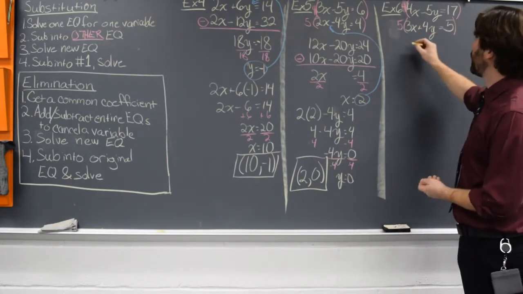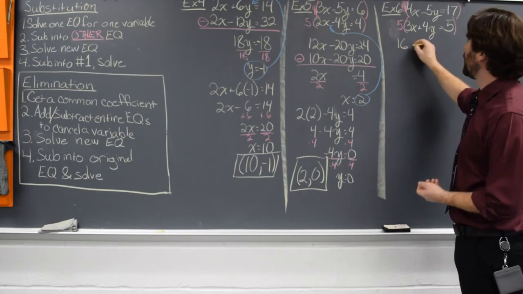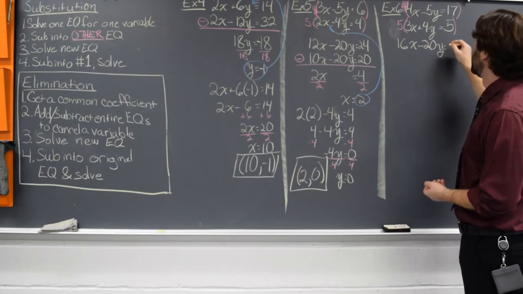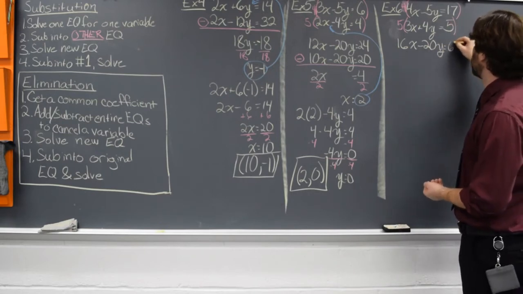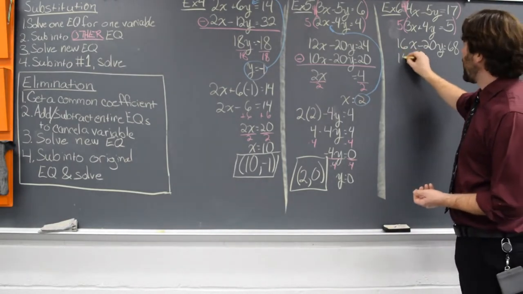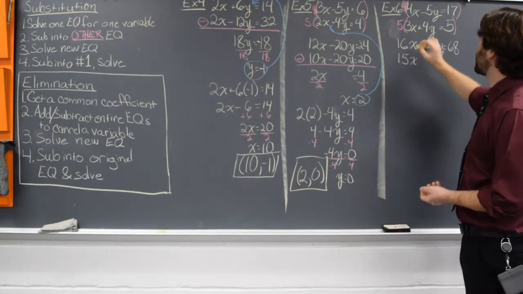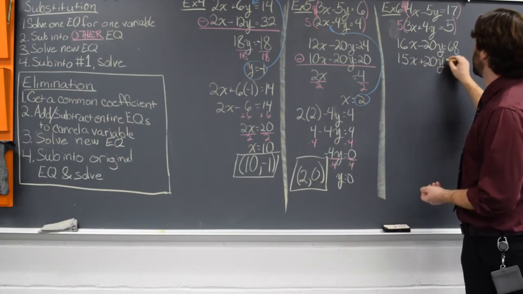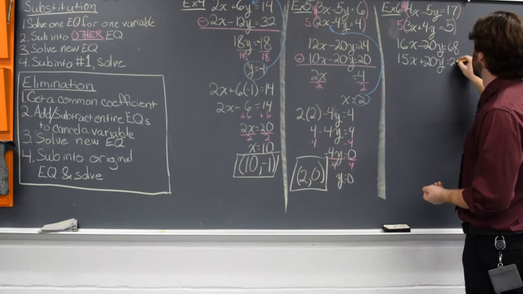So if I distribute this 4 up top, I'll have 16x minus 20y equals 68. 5 times 3x is 15x, 5 times 4y is 20y, and 5 times 5 is 25.